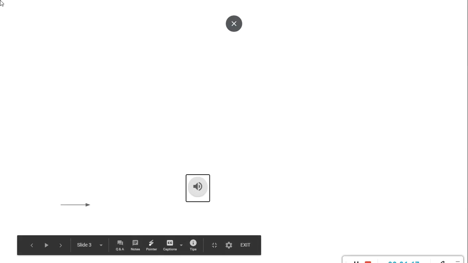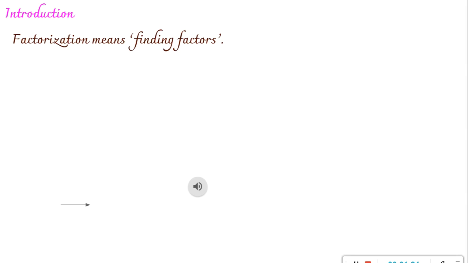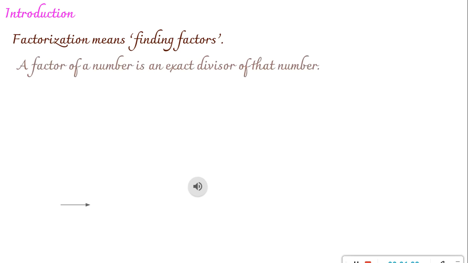So, what is factorization? Factorization means finding factors, right? A very simple term which means finding the factors. Now, all of you know what a factor is? It is a number which is an exact divisor of a particular number, right?